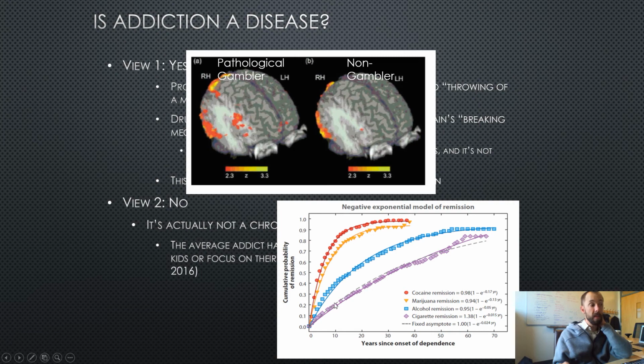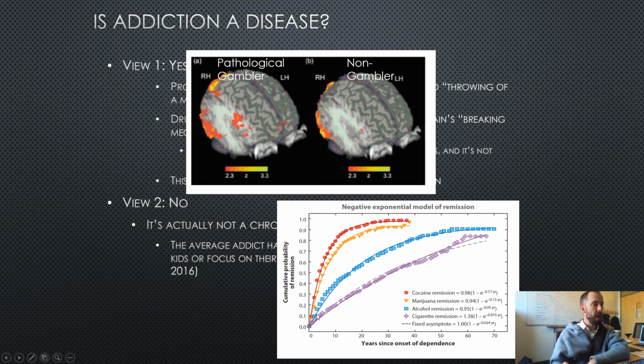So most people who are addicted to cigarettes are still smoking cigarettes 10 years later, 80 or 85%. 20 years later, still 70% of people are still smoking. So cigarettes are the toughest one to quit, really. In that regard, it's the least likely that you're going to have remission with cigarettes.